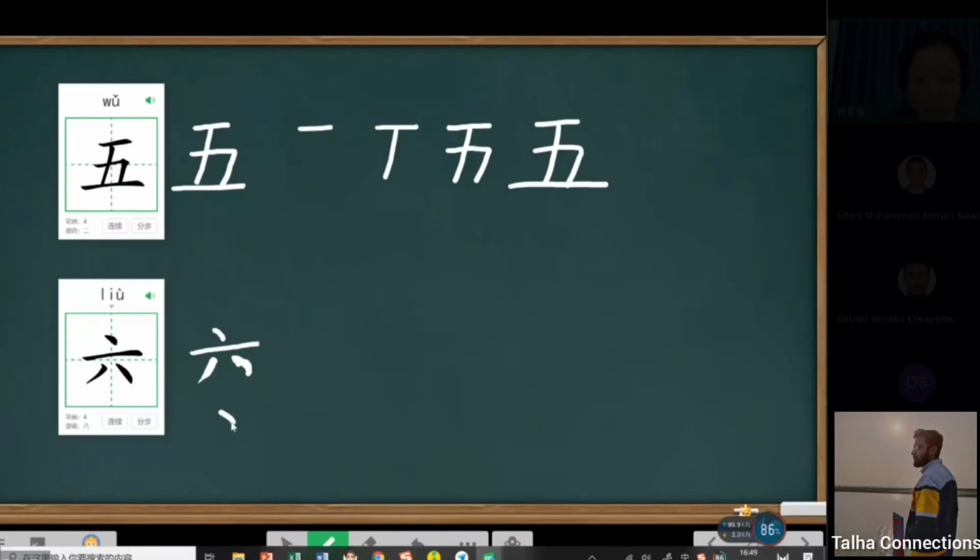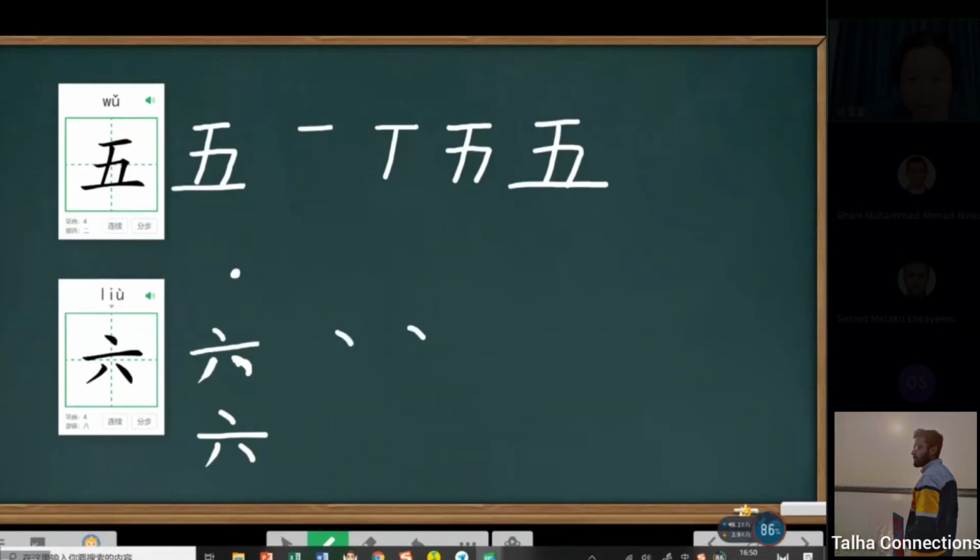You write this stroke and this stroke in the same way. Now here, the first one and the last one are not just a dot. It goes a little bit to the right side.